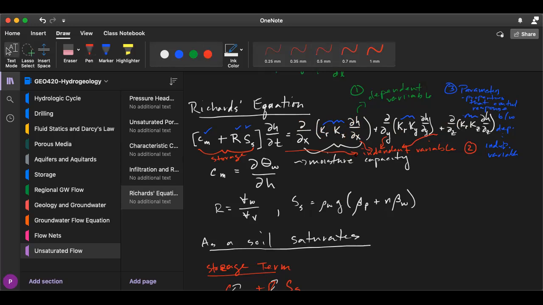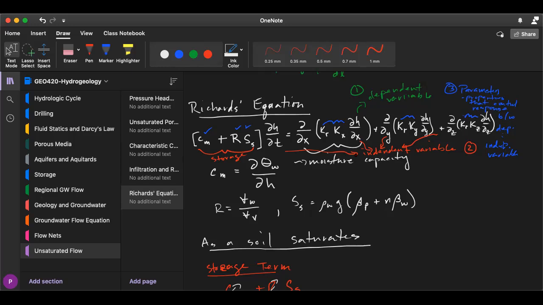We're not going to solve Richards equation. We're not going to use it very much, but I do want you guys to have seen it. It gets used a lot in other fields. We sort of hold it up as the holy grail. In my lab, we use a really specialized model that will simulate Richards equation.